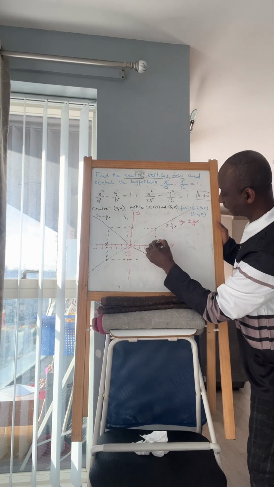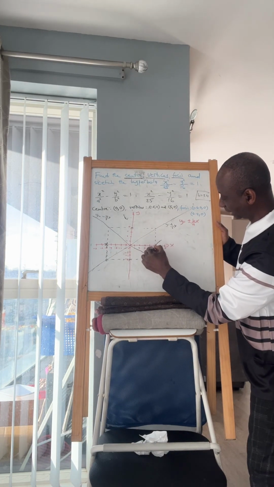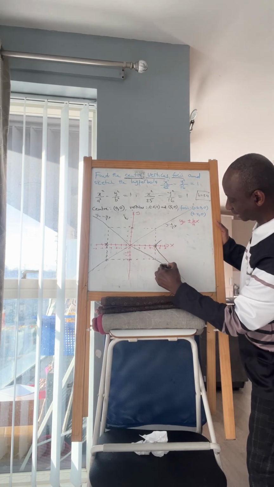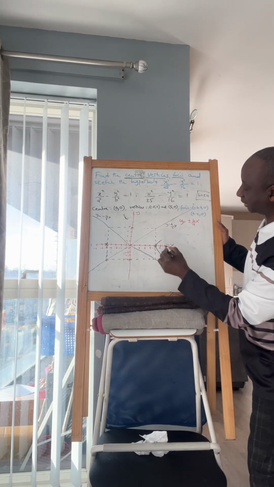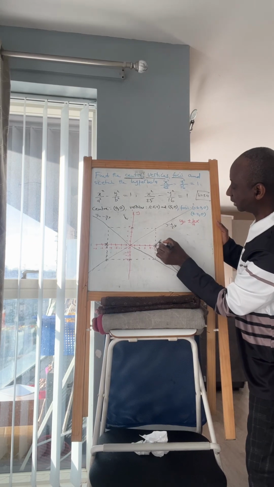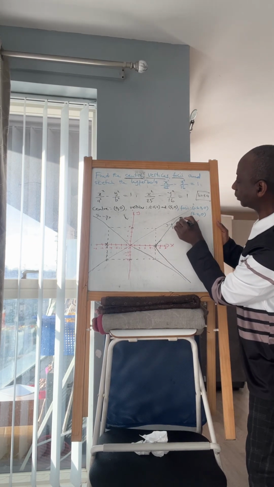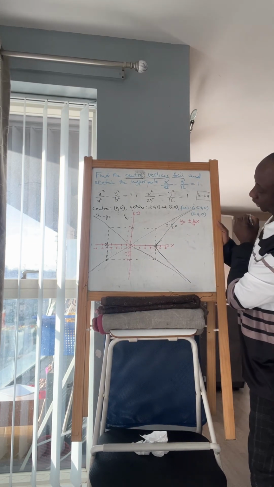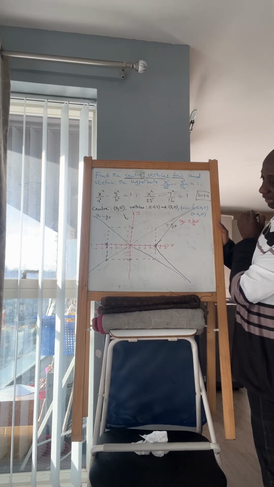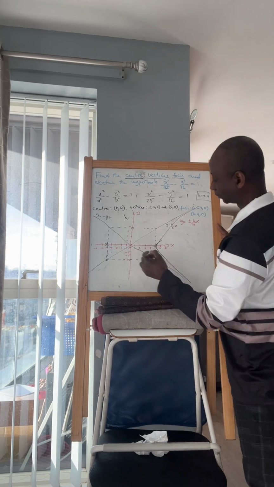So first, this is the maximum turning point. It's going to go like this, and then follow like a straight line. And again, it's going to go like this, and then it will follow this line. It will not touch it. That's why it's an asymptote, but it will follow it.